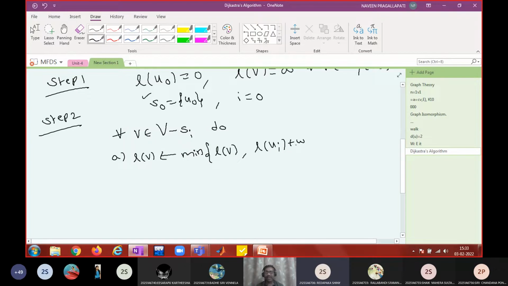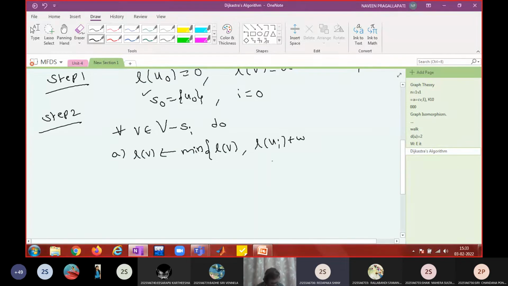You have to find the weight of the edges which are connecting ui and v, and that should happen for all ui belongs to Si.